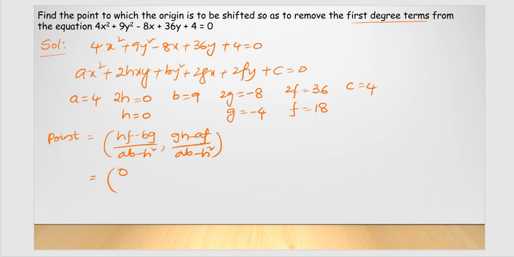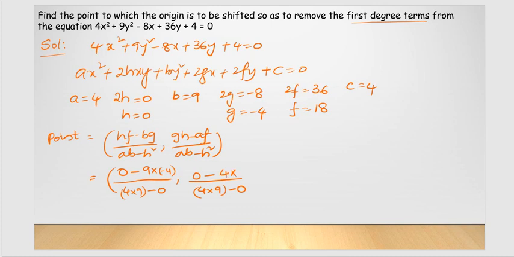h is already 0, so anything multiplied with 0 is 0, minus bg. Where is b? b is 9 into g which is −4, divided by ab, so a into b, 4 into 9, minus h² which is 0, comma. Here also we are going to get the same denominator, so I am writing it the same. Next, what about the numerator? g into h. h is already 0, so we directly take it as 0.